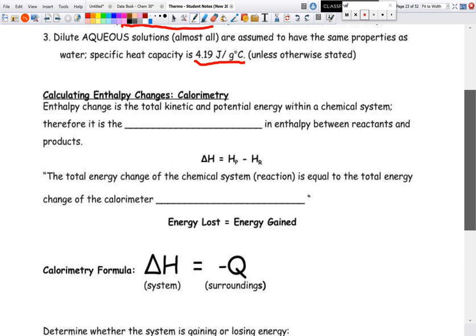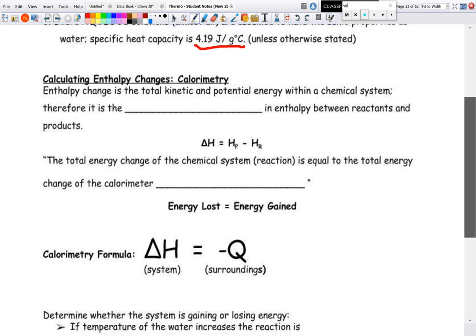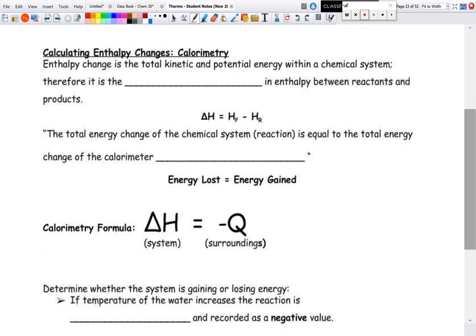So, because we are looking at calculating enthalpy changes due to calorimetry, we know that enthalpy change is the total kinetic and potential energy within a chemical system. So, if we want to get the enthalpy change, we need to look at the difference between reactants and products.